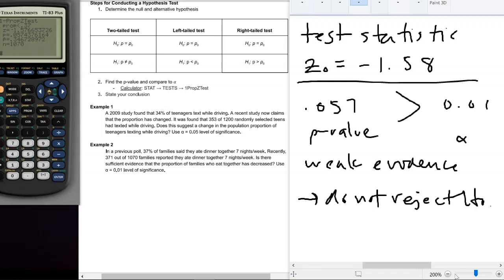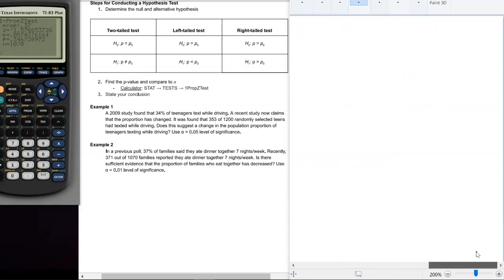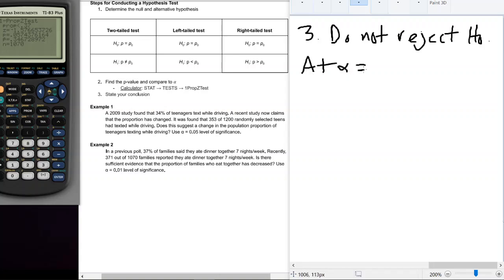So that brings us to our conclusion, step 3. Here we're going to begin by stating, do not reject the old claim at alpha equals 0.01.